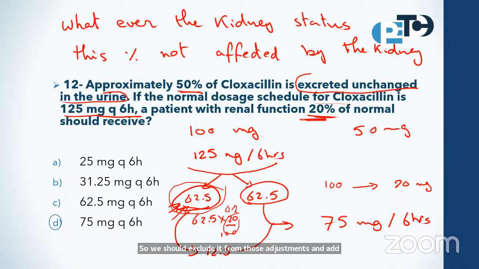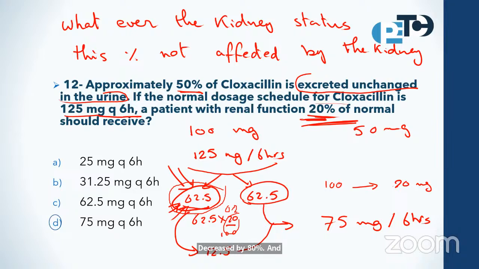Here, the part that should be adjusted is the half of it, which is 62.5. How can we adjust it? According to the function of the kidney. The function of the kidney here decreased by 80% and the new function is 20%.